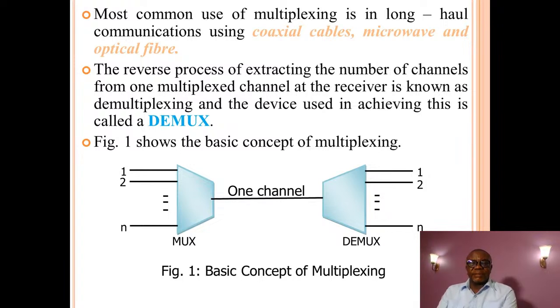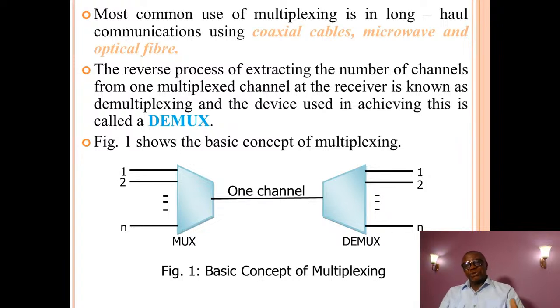Now, look at Fig 1, the basic concept of multiplexing. You see to your left where we have a mux or a multiplexer, you see channels or signals 1, 2, up to n.